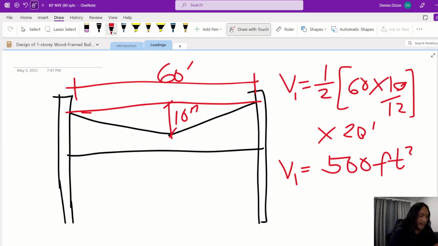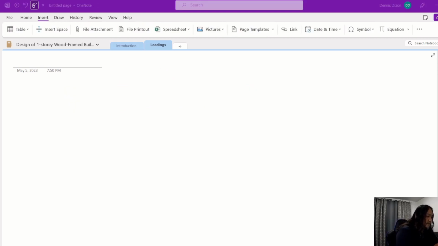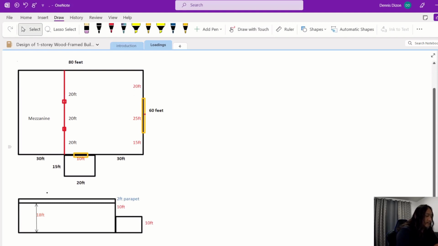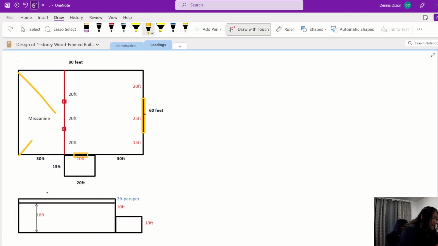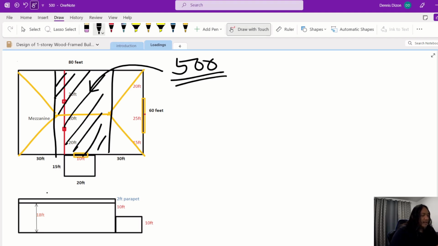So from our slope, this area, the volume in this section is 500 cubic feet.